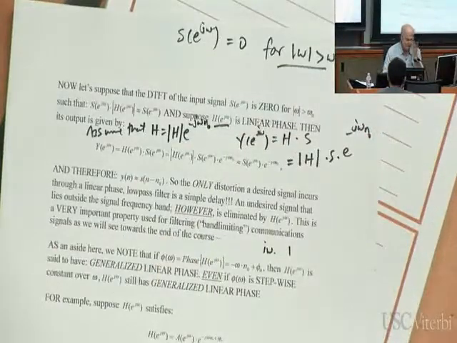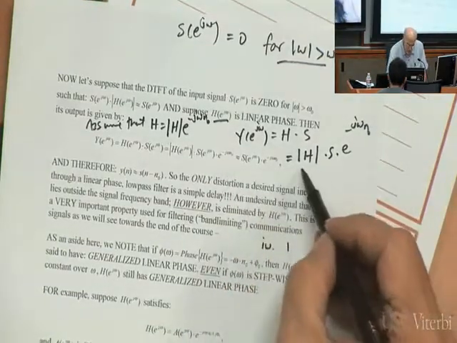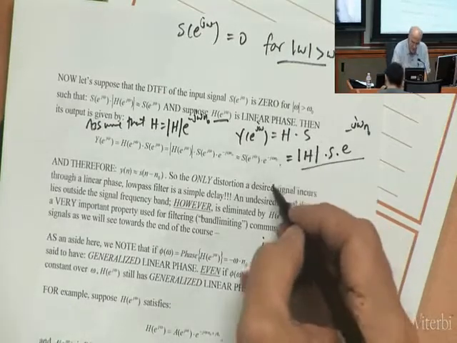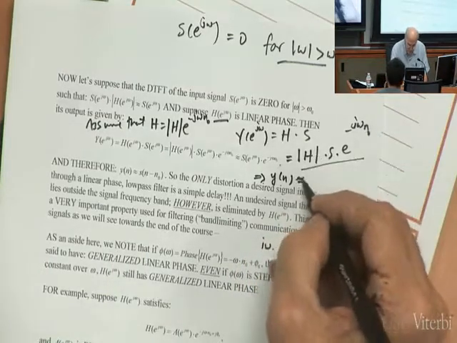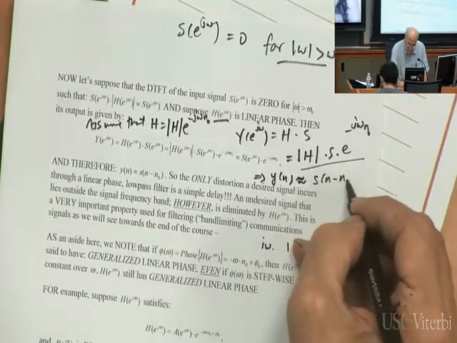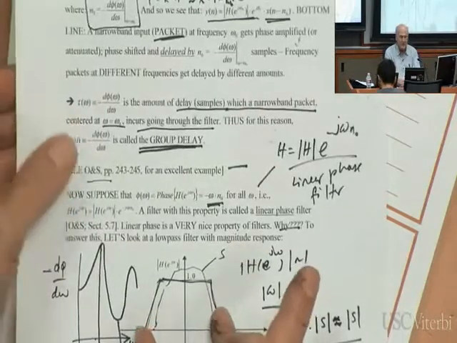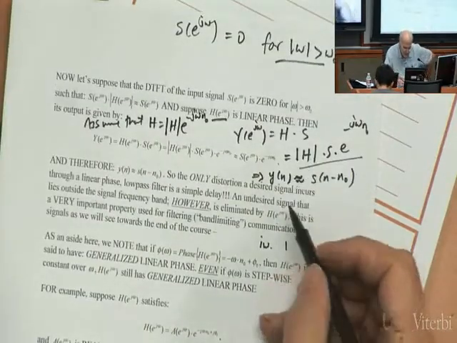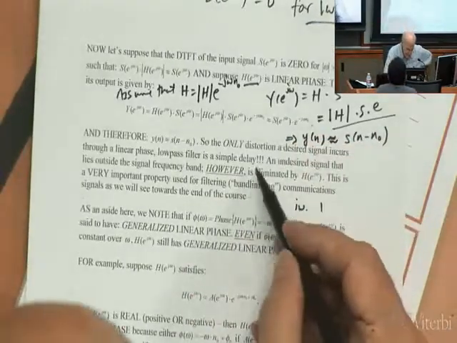But I will assume that its phase response is linear. So what is the deal about linear phase filters? Why are they so nice? Well, we'll see. So what happens? Y is equal to this, and so what does that imply that y of n is? Y of n, therefore, is, to a good approximation, s of n minus n naught. So the only distortion a desired signal incurs, and by desired signal I mean one whose bandwidth is all contained in that filter, is a simple delay.